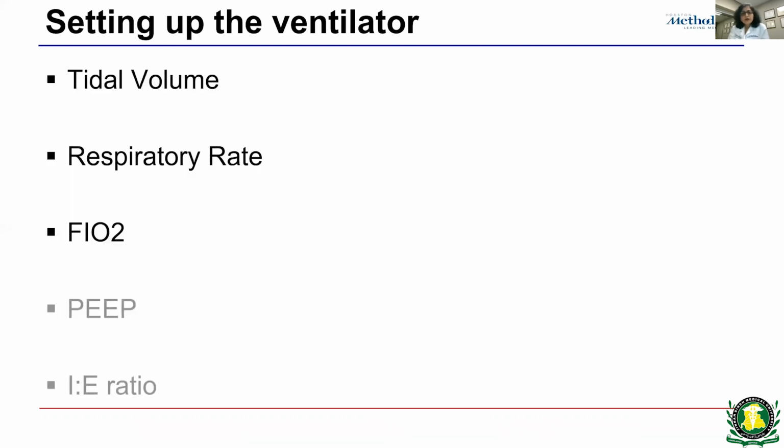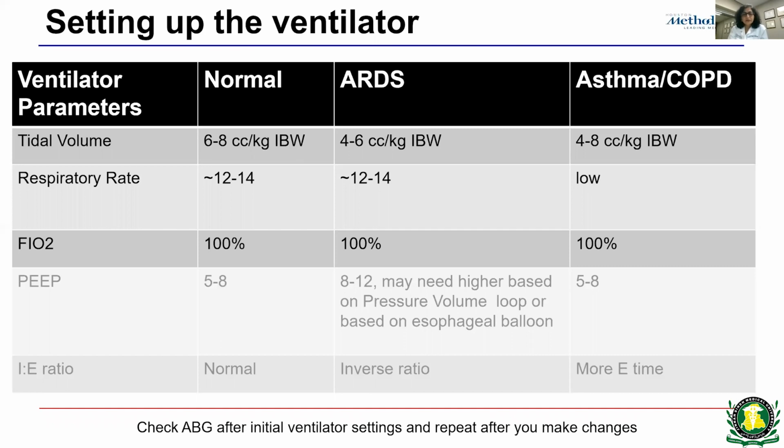We always start off with 100% FiO2, and then we turn the FiO2 down until we are at a non-toxic FiO2, which is 55% or less, keeping the patient's PaO2 above 60.